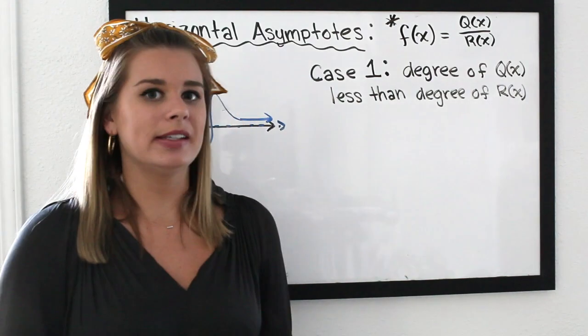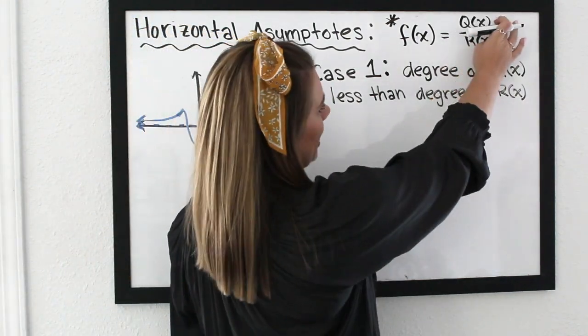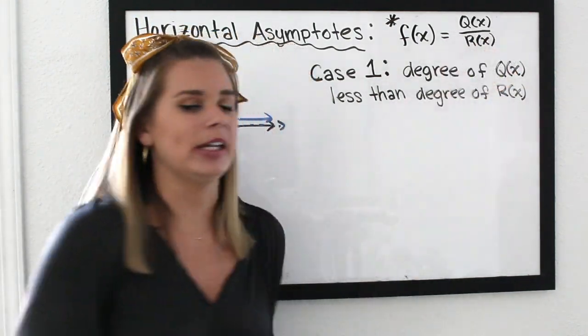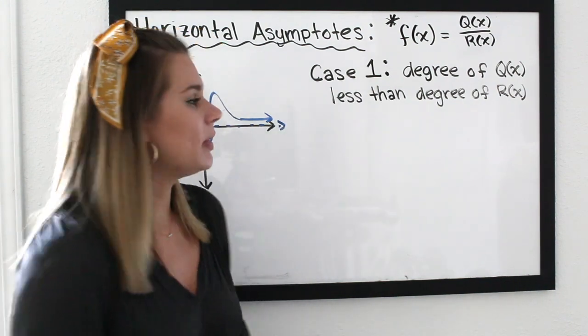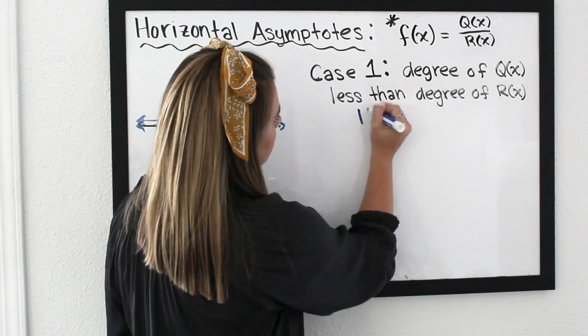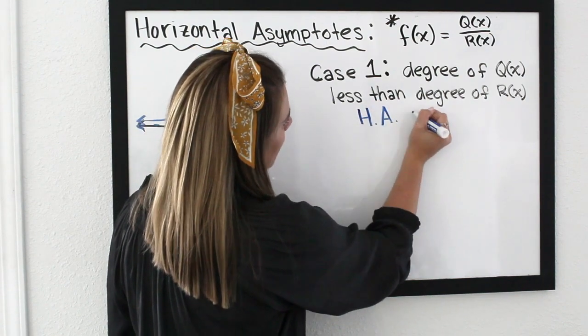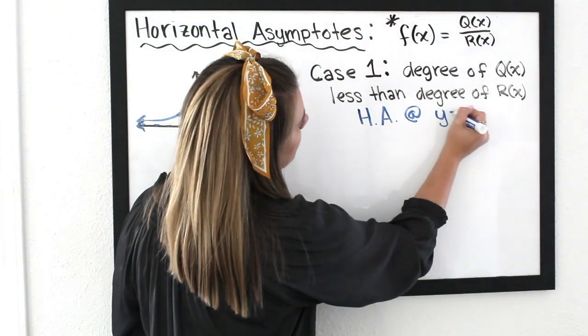Another way you can say this is that the degree of the numerator is less than the degree of the denominator. Well, if that's the case, then we have a horizontal asymptote at y equals 0.